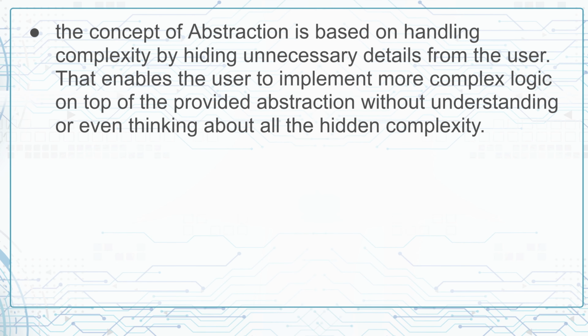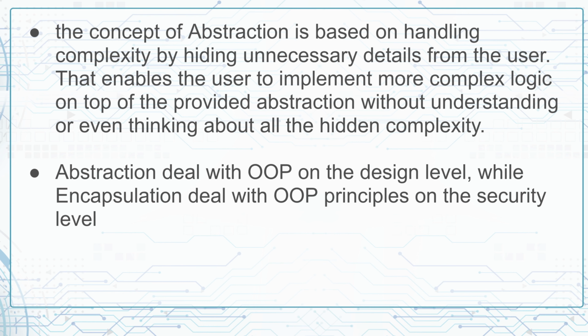So, what is abstraction? The concept of abstraction is based on handling complexity by hiding unnecessary details from the user. That enables the user to implement more complex logic on top of the provided abstraction, without understanding or even thinking about all the hidden complexity.